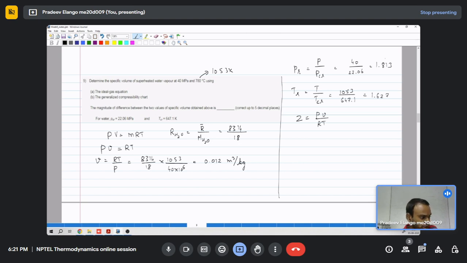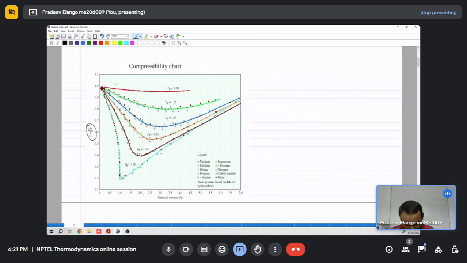So now we have these two values. Using these in the compressibility chart we can calculate the value of Z. So we have a reduced pressure of 1.8 and a reduced temperature of 1.6. So for 1.8 reduced pressure we will have a line here, and for 1.6 reduced temperature we'll have somewhere here, right?